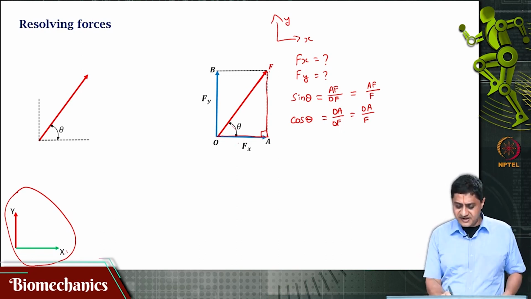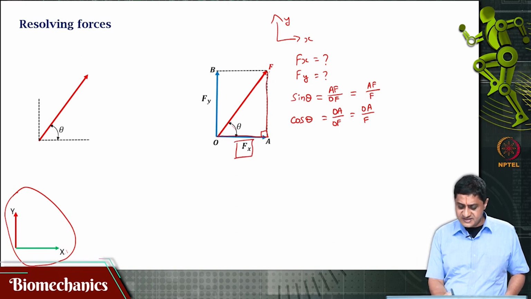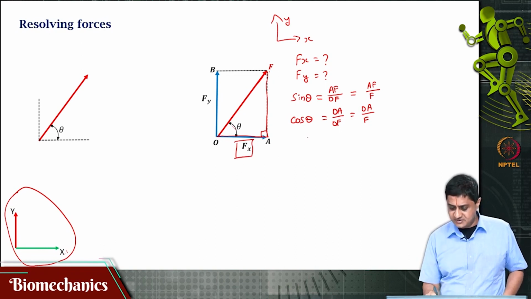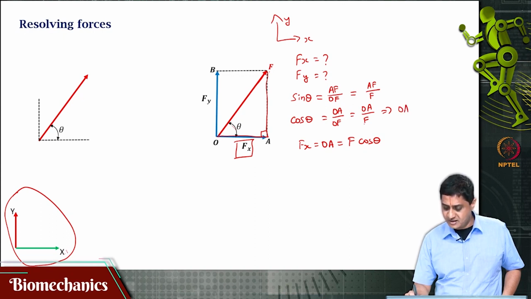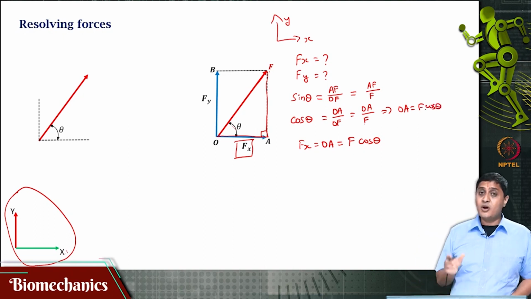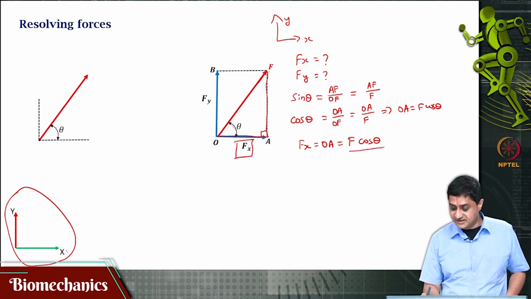The question is to find Fx and Fy. Fx is OA, and that is F cos theta, because cos theta is OA by F, that means OA is F cos theta. So the component of this force along the x axis is F cos theta.